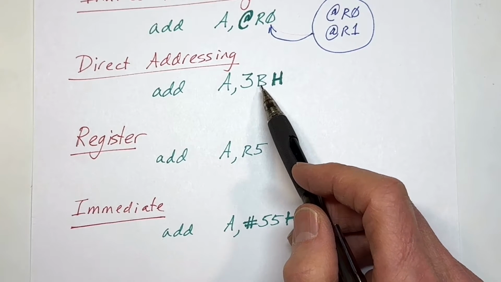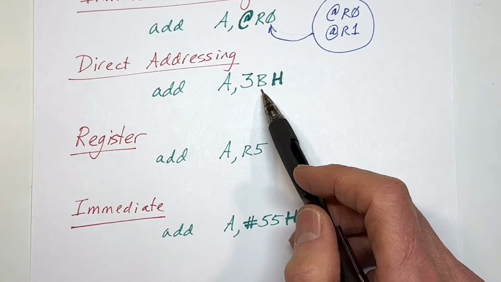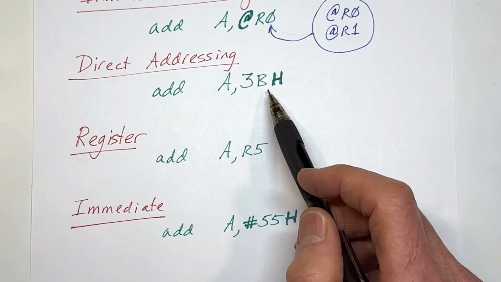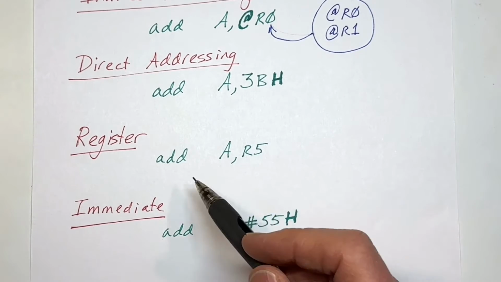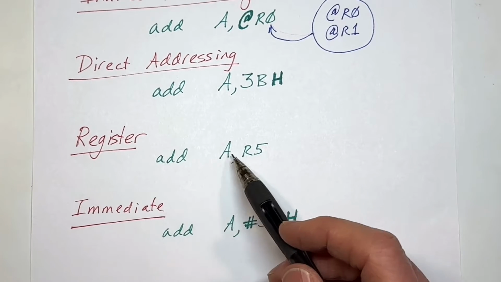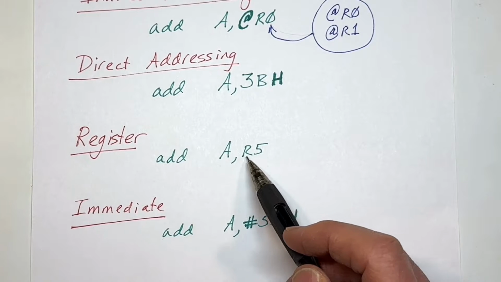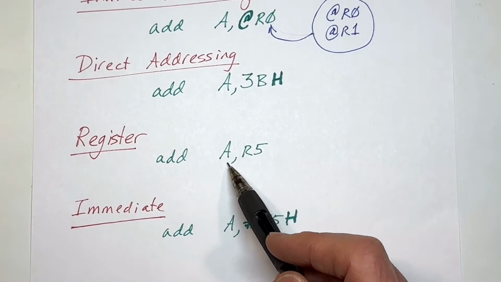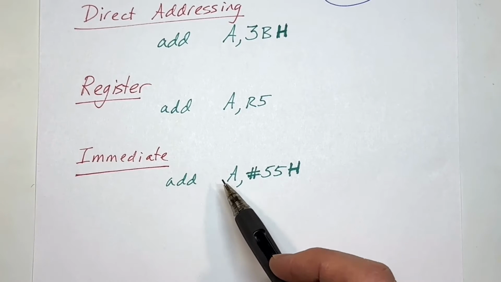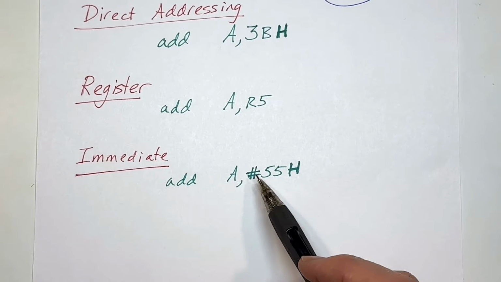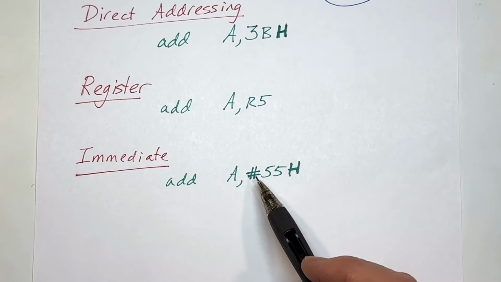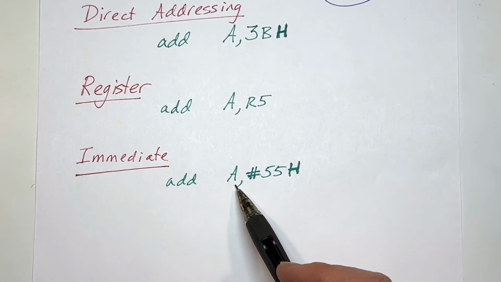And in this case, if it is 80 or above, we would be accessing a byte from the special function registers. And there are also add instructions that can add the contents of some register, such as R5, to the accumulator. And finally, there's an add instruction that adds an immediate value. In this example, I'm using hex 55, and we're adding that to the accumulator register.